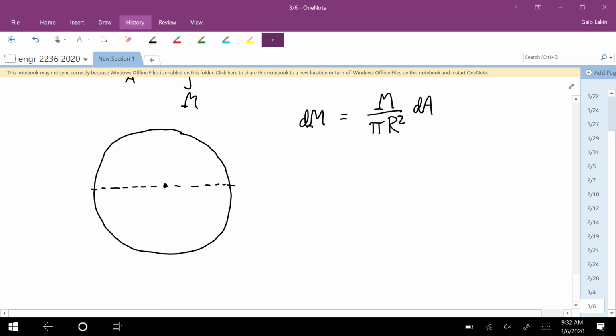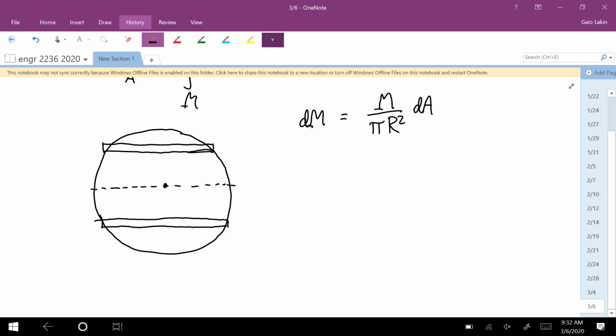Okay. So all right. So here's how we're going to break it down. We have one strip like that, and one strip that's the same thing symmetrically about that axis.